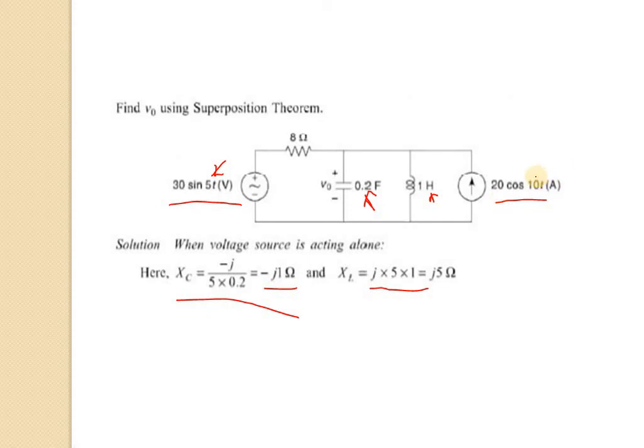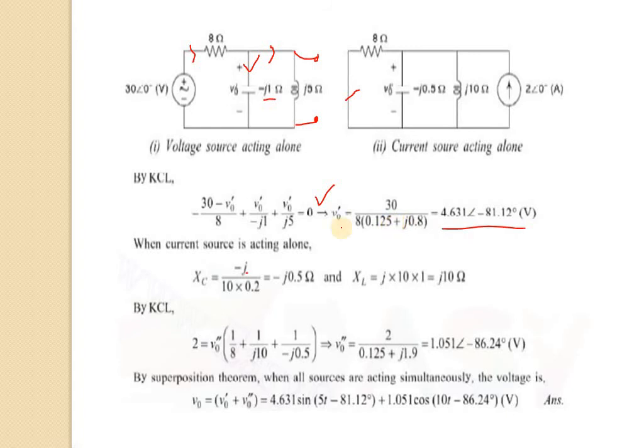This is the omega for the current source, that is 10. So here we have taken omega as 10 and the value of Xc becomes minus j0.5, and again we will calculate the XL value for the current source. So again omega value is 10 and omega L, that is, L value is 1, so it is j10 ohm.